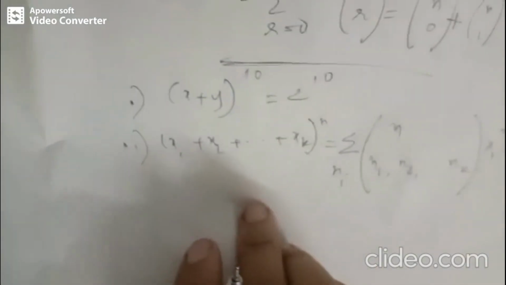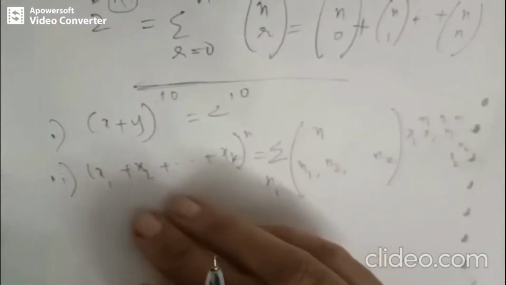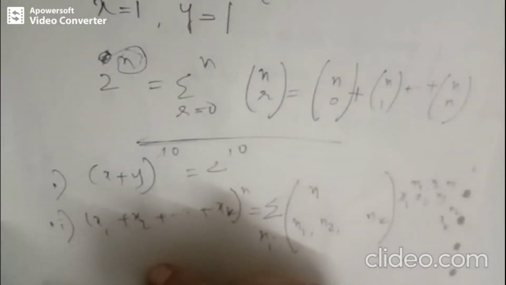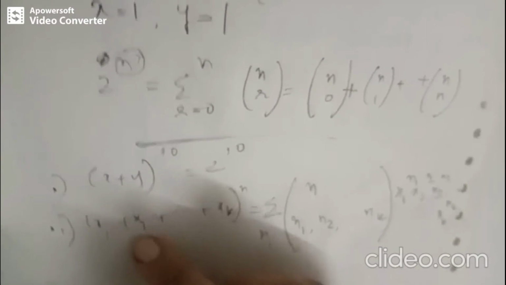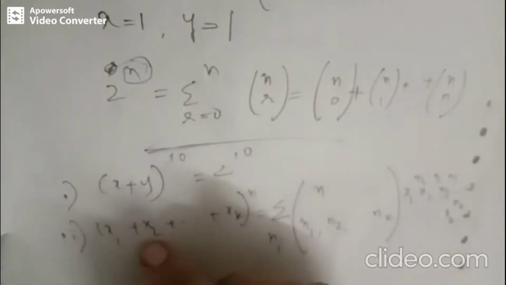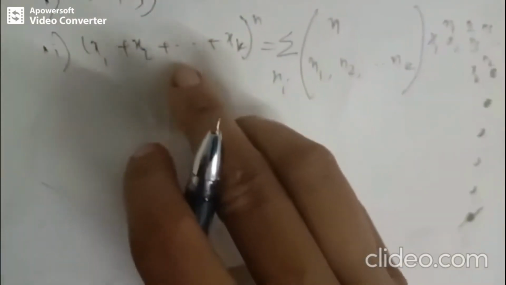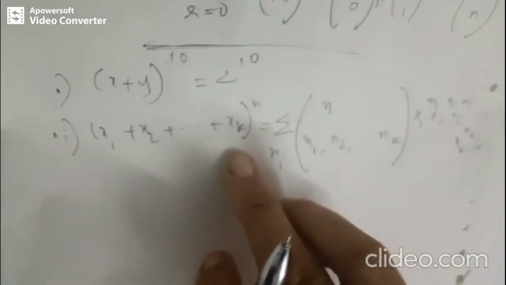So now what we are supposed to do is, first of all, let's substitute all the values of x1, x2 and so on up till xk as 1. What do we get?